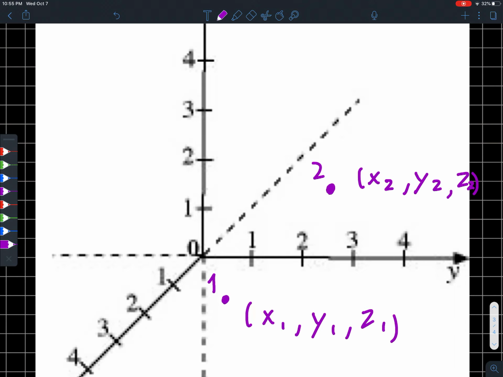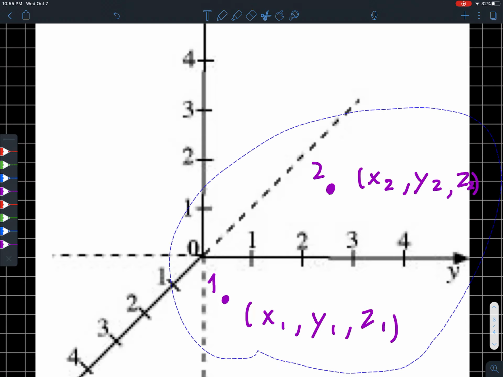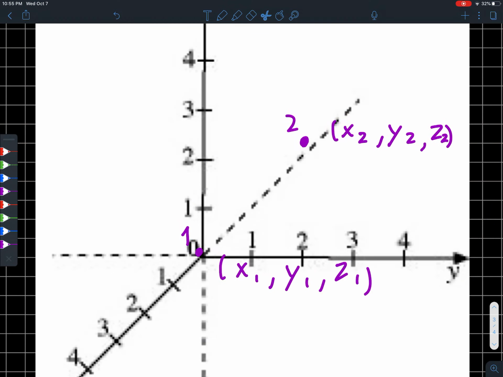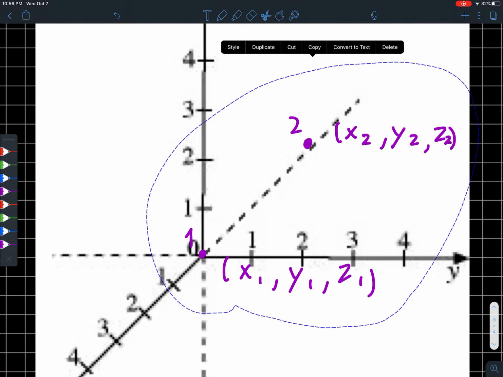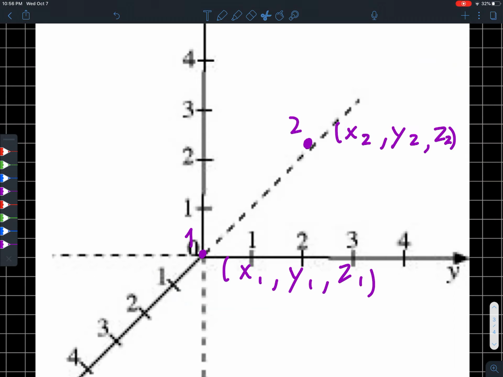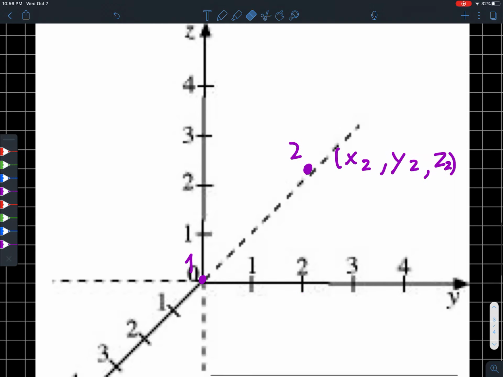Okay. And for the sake of simplicity, just for right now, we are going to put point number 1 on the origin. So we can ignore these for now because they're all 0 because we're on the origin. And we don't really need these 2's right here, because it's the only one.